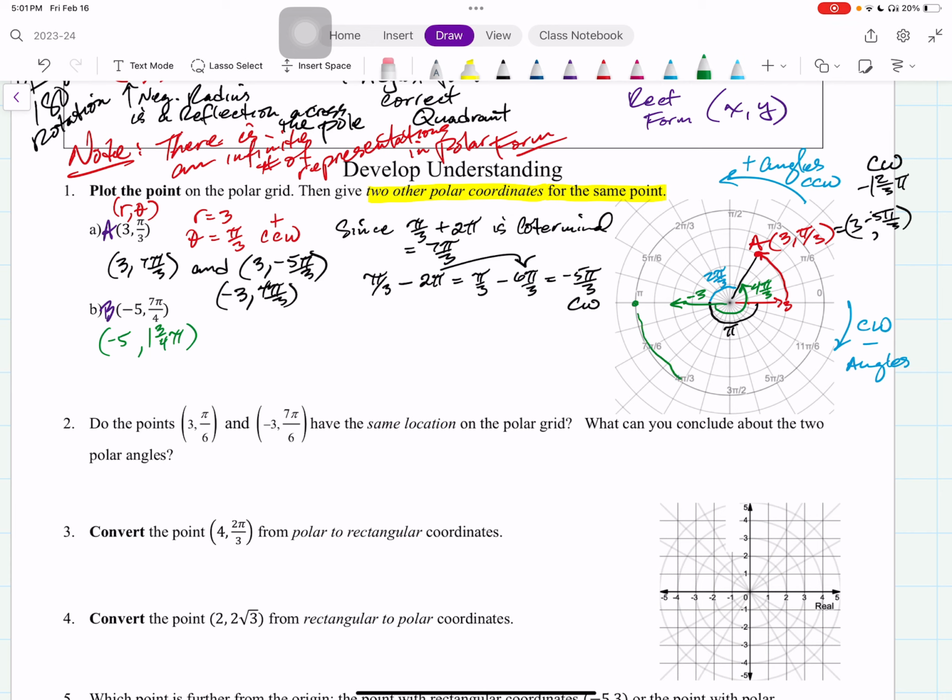So go all the way around, that's 1 pi, plus 1/4, 2/4, 3/4, and you end up here at point B, and that's going to be at negative 5 comma 7/4 pi. That's one way to do that. Again, go out to the 5th circle to the left instead of to the right because it's negative 5 instead of positive 5, and then rotate around.